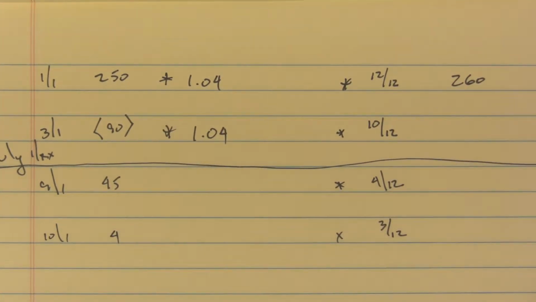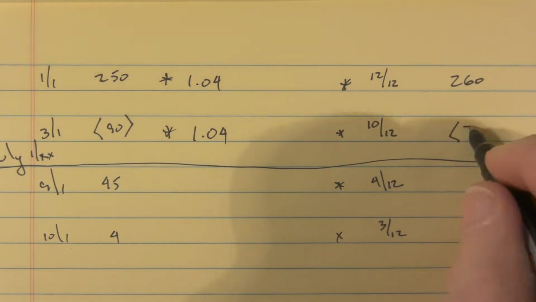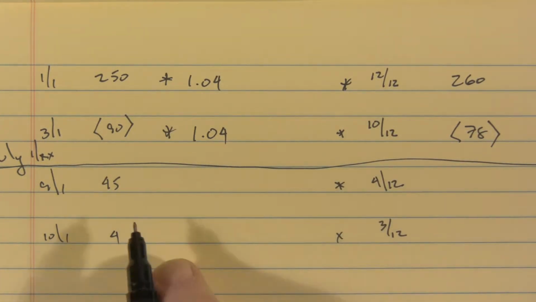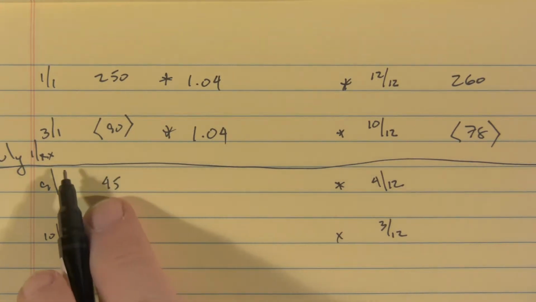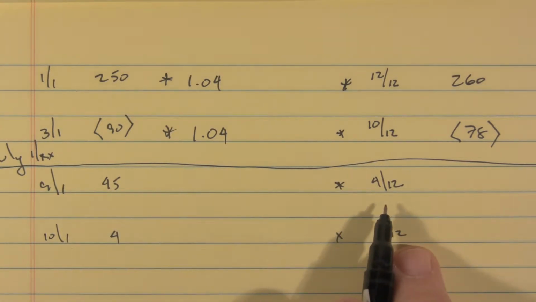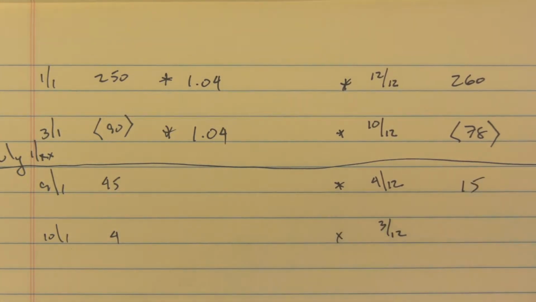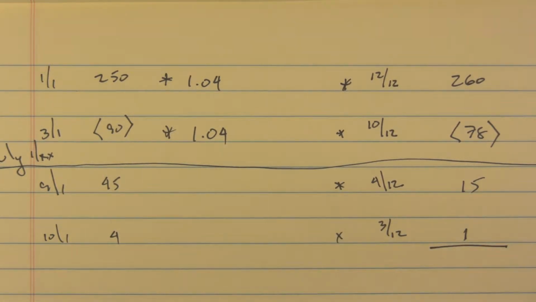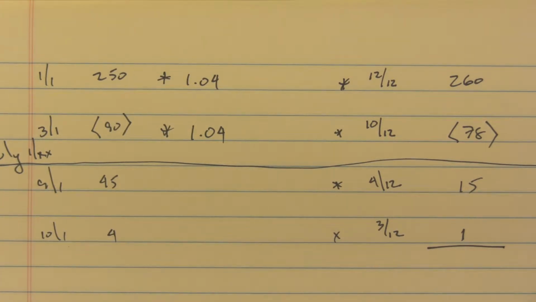Minus 90 times 104 times 10/12ths is minus 78. 45, and remember, this is after the split, so there's no adjustment. 45 times 4/12ths is 15. And 4, again, after the split, no adjustment. 4 times 3/12ths is 1. So when you add that up, our weighted average number of shares is 198.